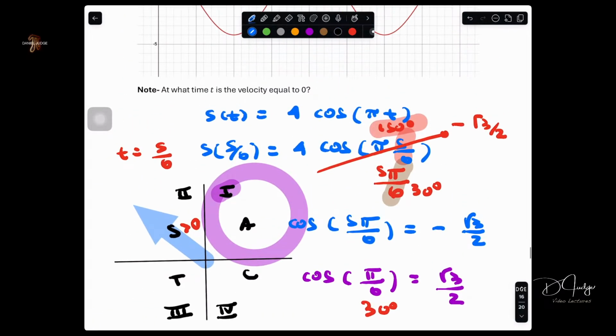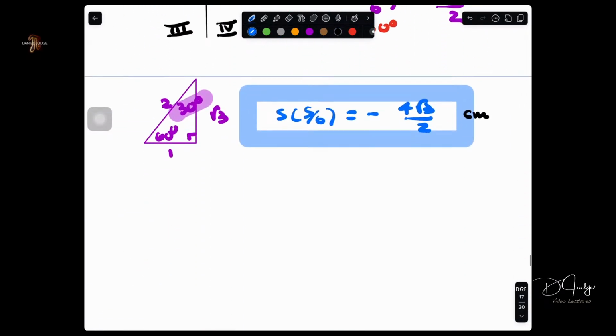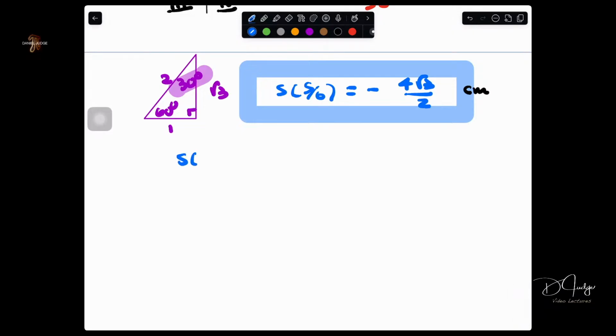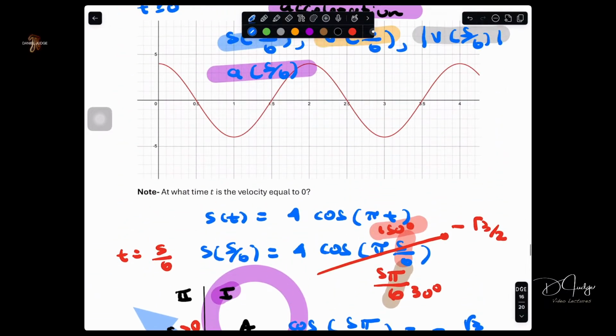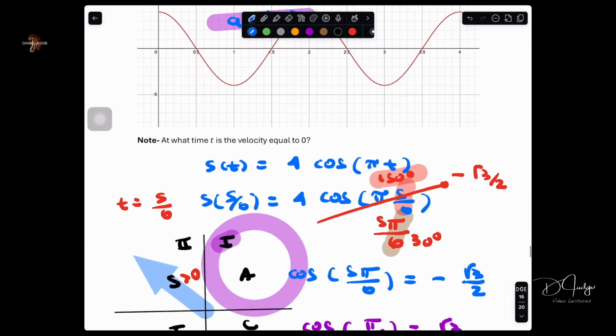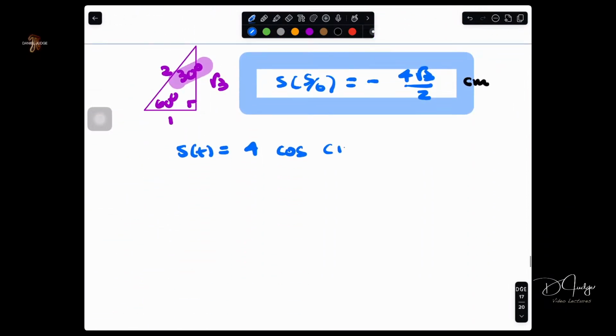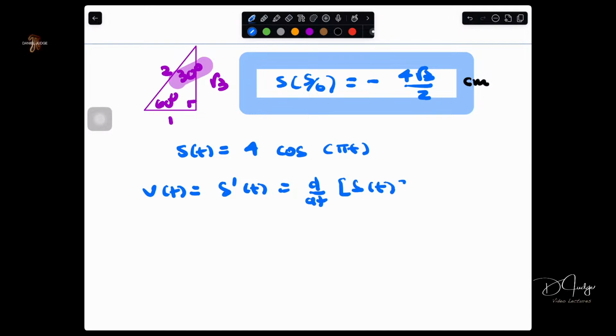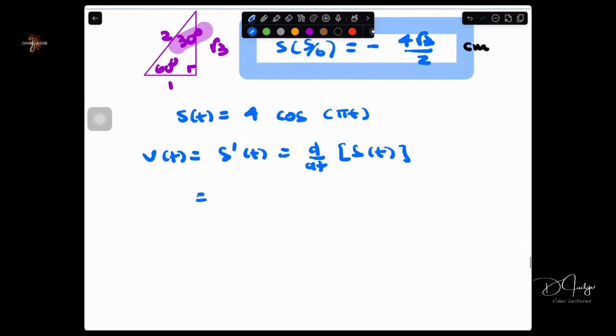We now need to differentiate the position function. Okay, so our position function is 4 cosine pi t. Velocity is the derivative of the position function. This is our definition.